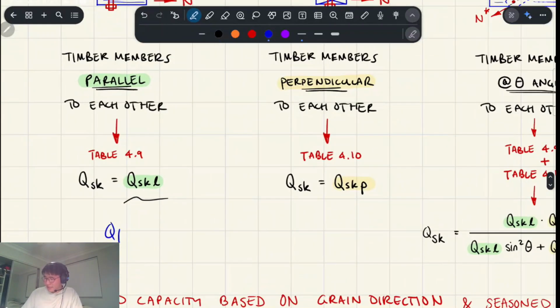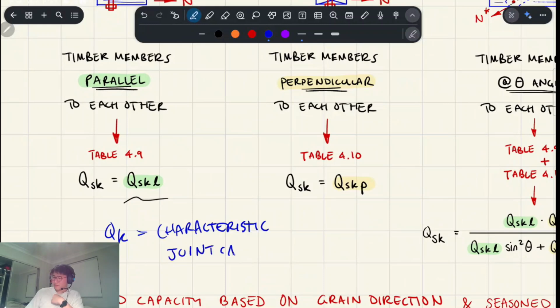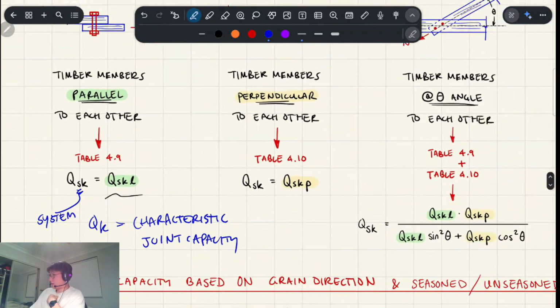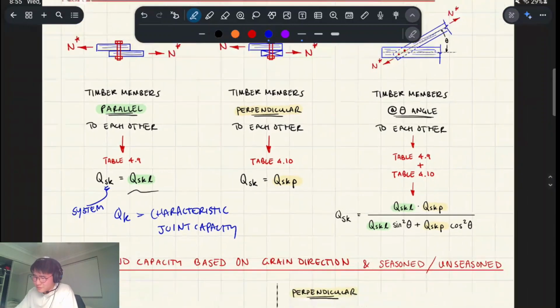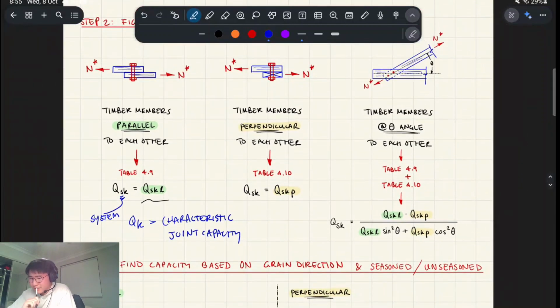So remember QK was your characteristic capacity. Let's say joint capacity. SK, the S stands for system, right? And we're talking about the system, I guess, it's kind of a weird naming.